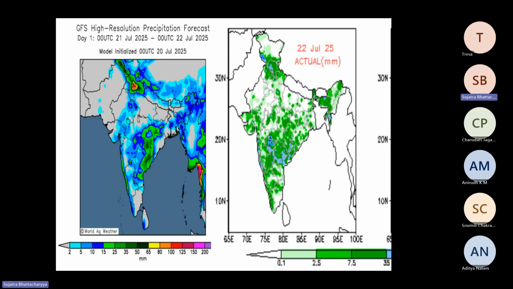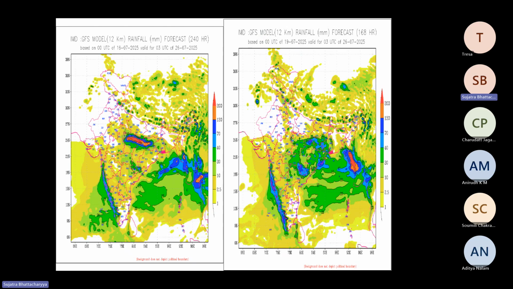Okay. Now, this is a forecast made on 16th of July for 26th, which is coming this Thursday, right? Yeah. Friday. Okay. Now, what I was interested in is that the forecast made on 16th shows very high rainfall here, 10 days in advance.